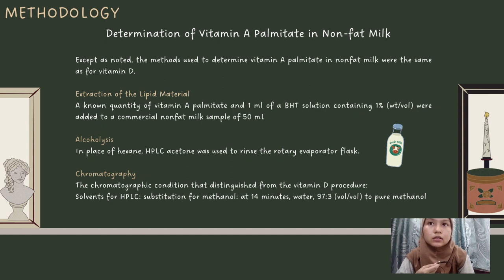Second, in alcoholysis, in place of hexane, HPLC acetone was used to rinse the rotary evaporator flask. And lastly, in chromatography, the condition that distinguishes it from the vitamin D procedure is the substitution of methanol as the HPLC solvent.